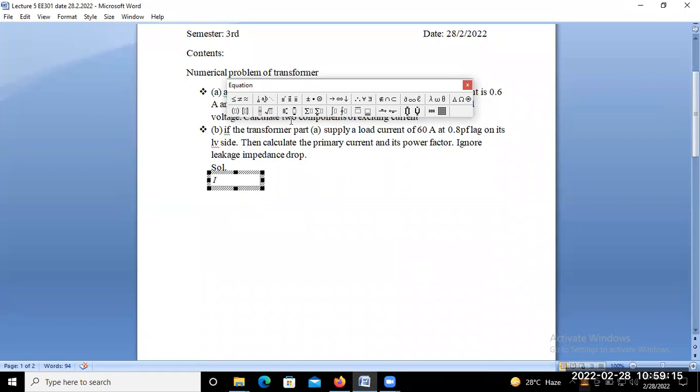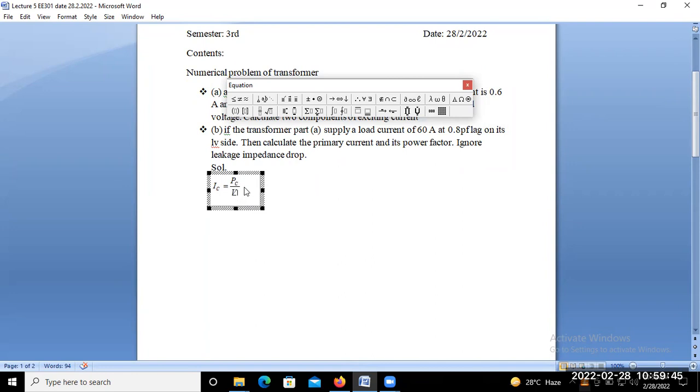Core loss component current, Ic, equals core loss power divided by voltage. Core loss power is represented as Pc, divided by V1, the supply voltage.